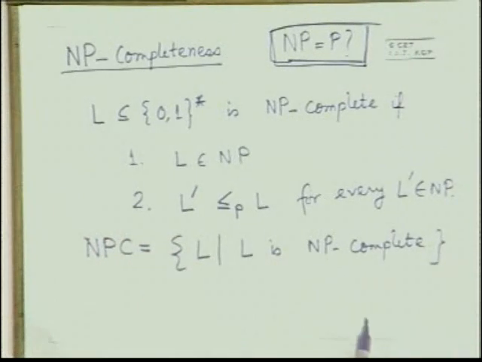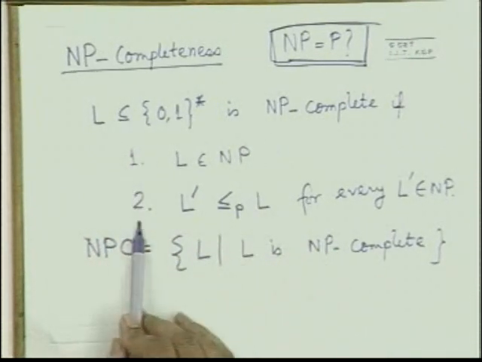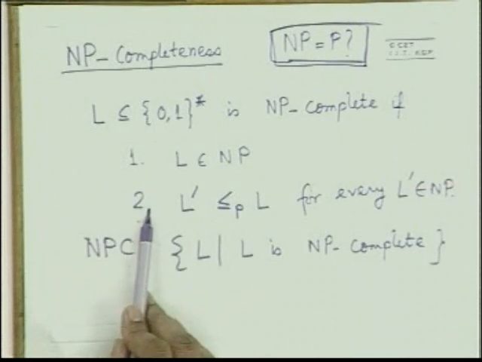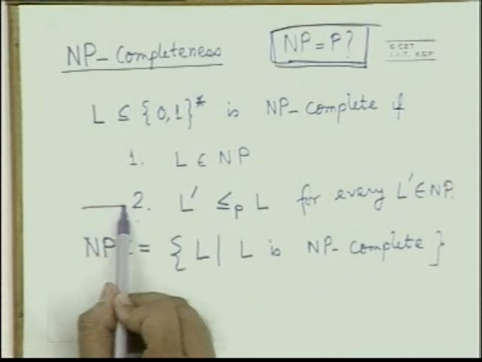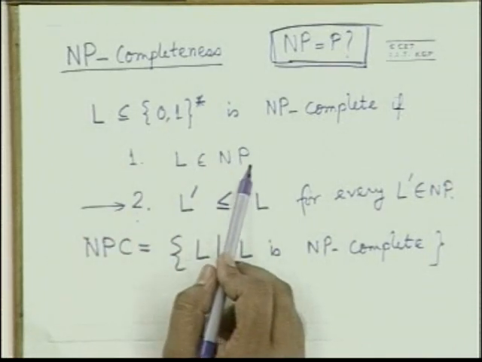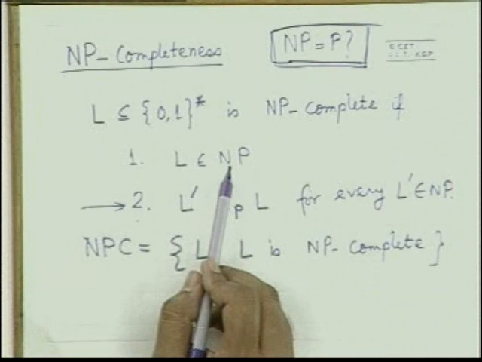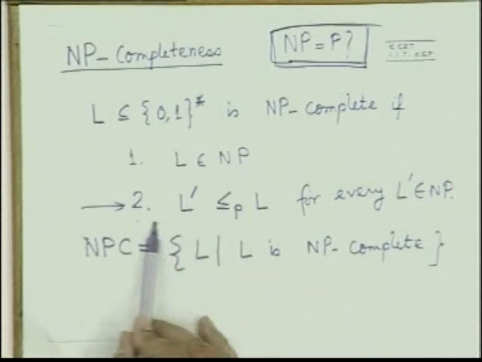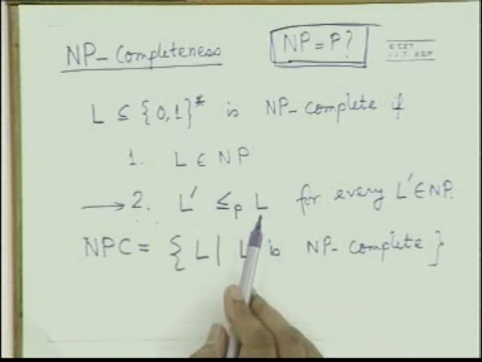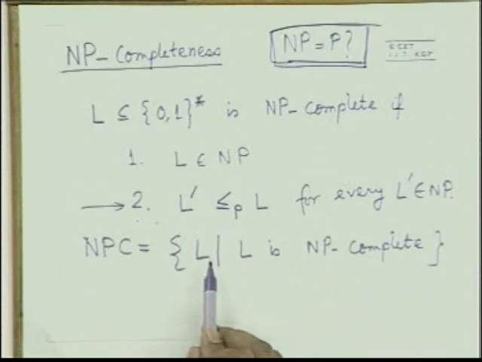Here, in the definition of NP completeness, there are two conditions for a problem to be NP complete, 1 and 2. Now suppose somebody has shown only 2 for a problem, not 1. Suppose somebody cannot show that the problem is in NP, but can show condition 2. In that case, that problem is called NP hard.